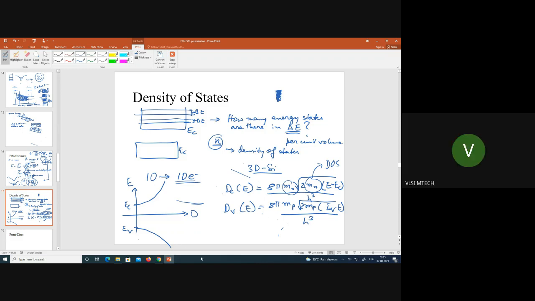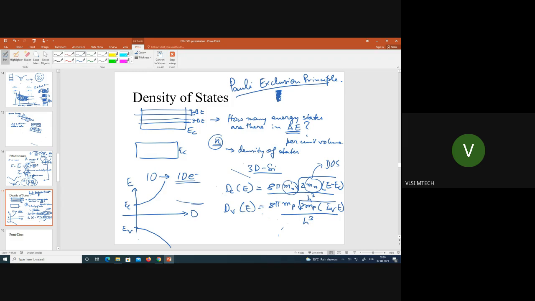Question: you said let's say there are 10 states which has 10 electrons, right? So one state cannot have multiple electrons, you are saying? No, so there's something called the Pauli exclusion principle, which prevents a state from having multiple electrons.